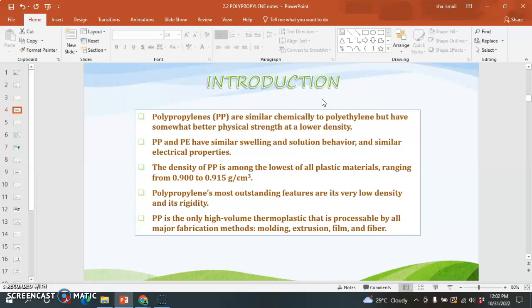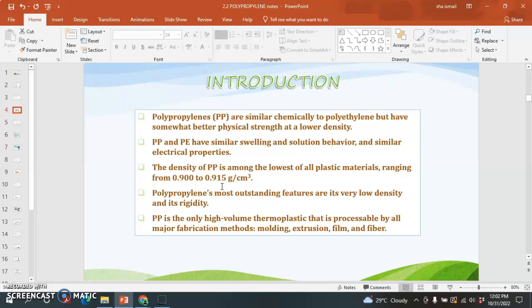Okay, PP is chemically similar to PE but has somewhat better physical strength at a lower density. The special thing about PP is that it has a very low density. The density of PP is among the lowest of all plastic materials, ranging from 0.9 to 0.915.